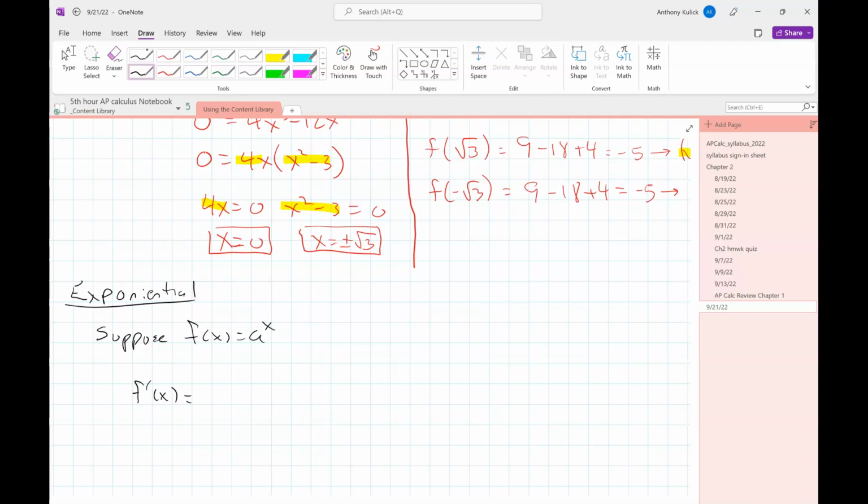Let's say we want to find the derivative of this. Since we don't have a rule specific for an exponential function, why is this exponential? How can I look at it and tell this is an exponential function, a to the x? The x is in the exponent, the variable's in the exponent, exactly right.